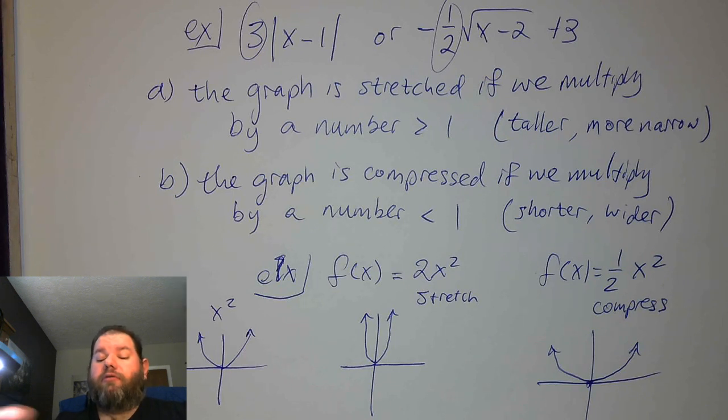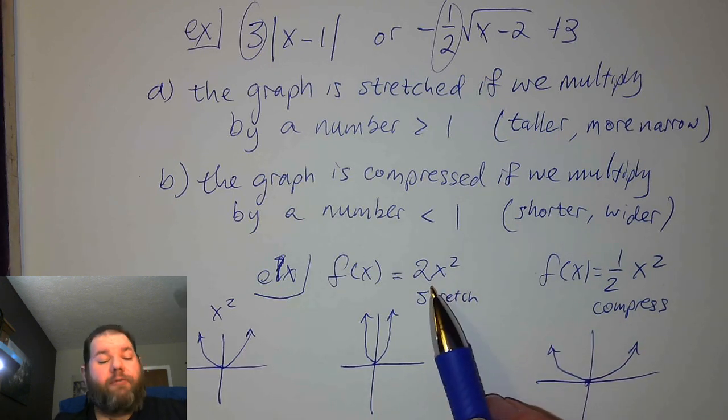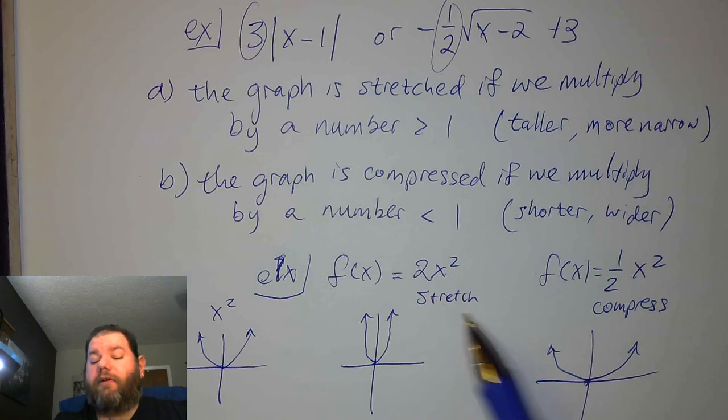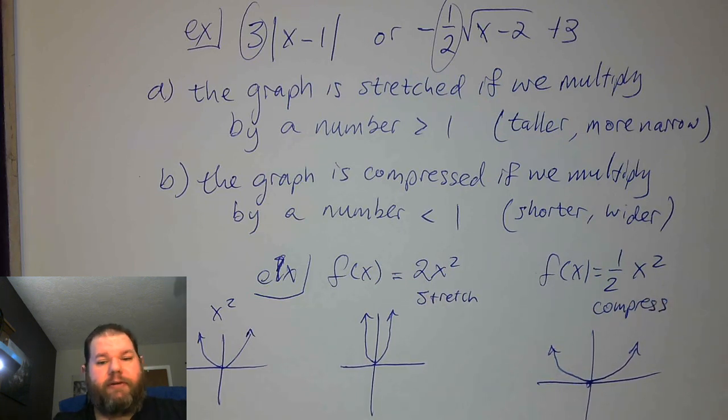So we want to be able to recognize that if we multiply by 2, it does stretch the graph. If we multiply by 1/2, it does compress the graph. As far as how we sketch that, though, unless we have a graphing calculator or software that will graph for us, we don't have to worry about this too much.